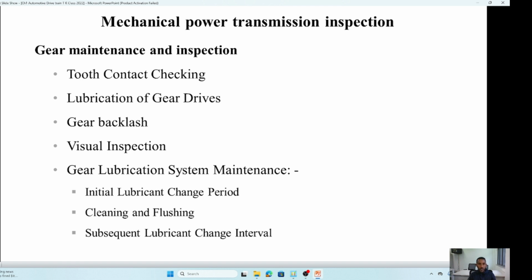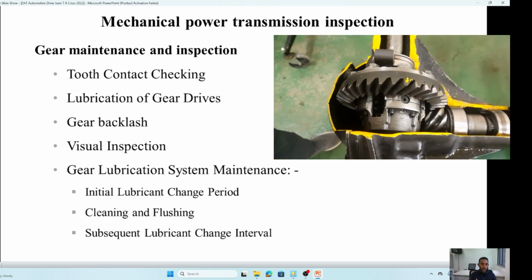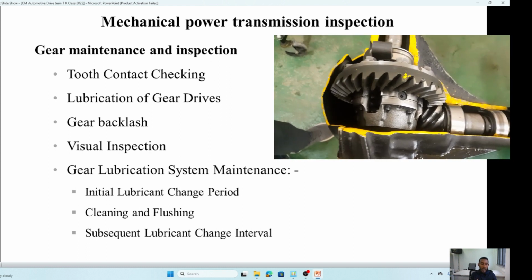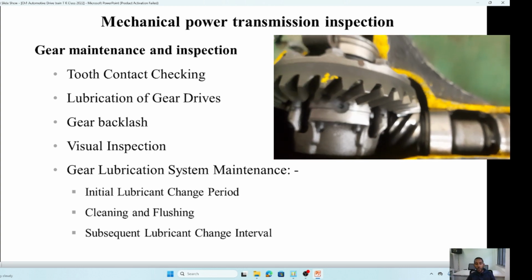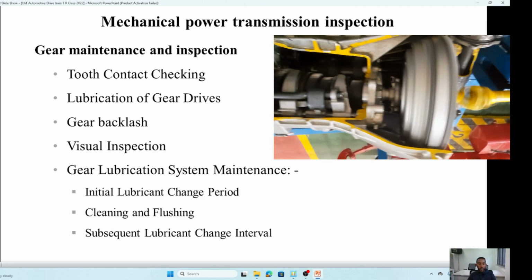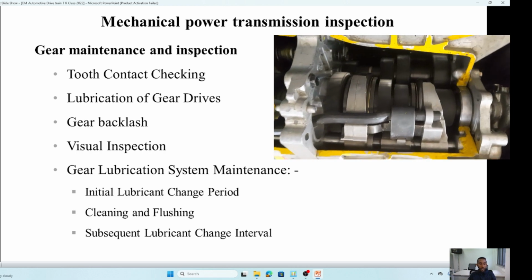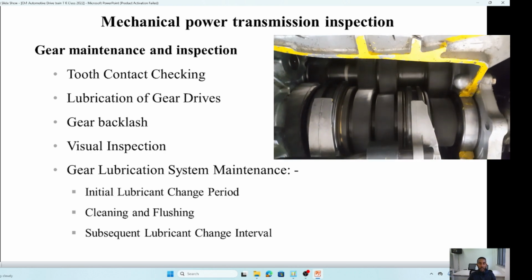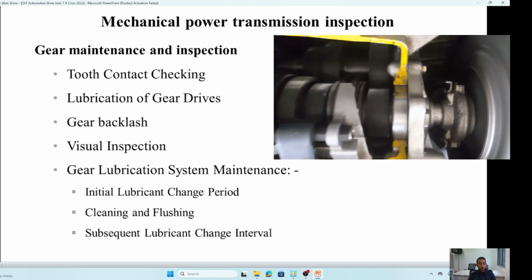Because if you observe, during manufacturing and different operation of the gear, there will be a lot of friction between two gears, and the gears will create some chips, and these chips, if they stay for a long period of time, or if we wait for the lubricant changing interval, will affect the parts.